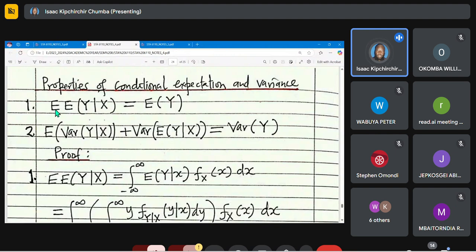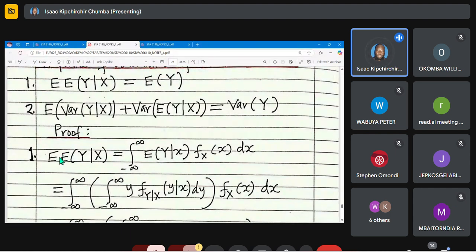Because we agreed that expectation is just as we say the mean. So the mean of the conditional mean, here is the conditional mean of Y given X. Then we now talk about the mean of that. So the mean of the conditional mean of Y given X is just the mean of Y. And we can actually prove it here.